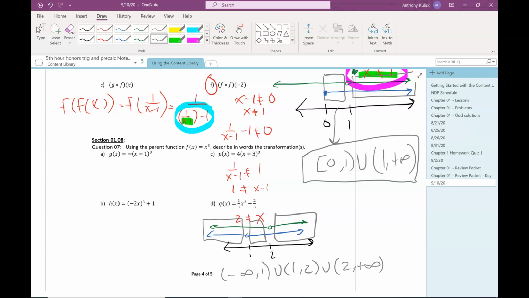And then our last step would be we have to go back and plug negative 2 into this. So if I do that, I have 1 over negative 3 minus 1, which is the same thing as 1 over negative 4/3, which is negative 3/4. Okay with that?